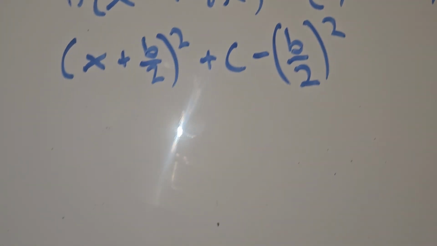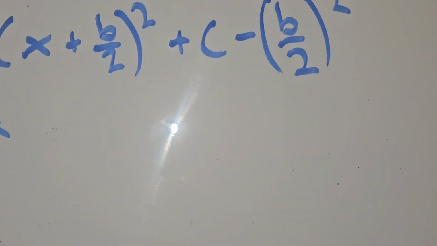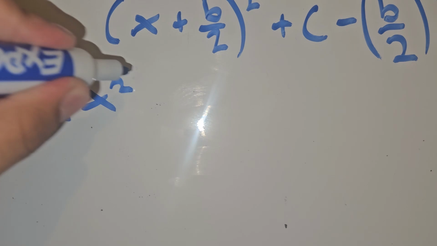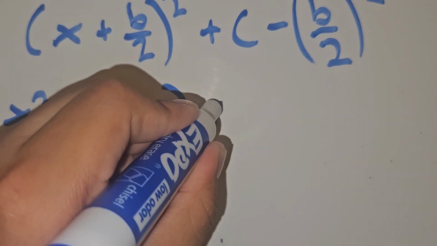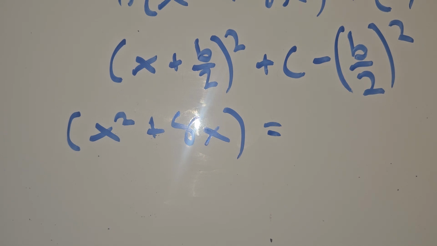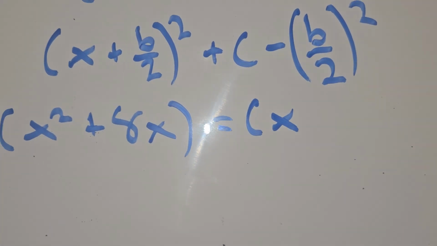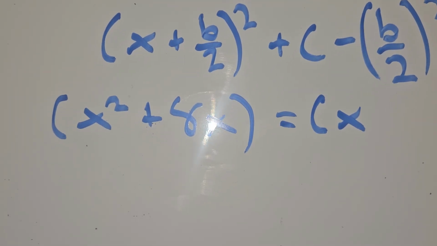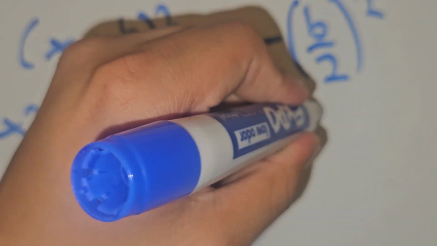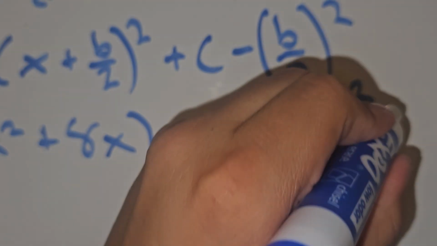All right, so let's start with the first one. We have x squared plus 8x. So let's complete the square for this one. So x, b will be 8. 8 divided by 2, that's 4. So plus 4 squared.